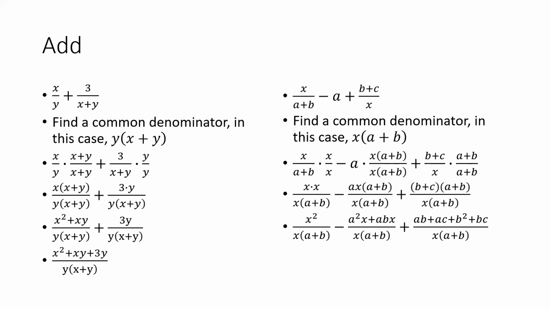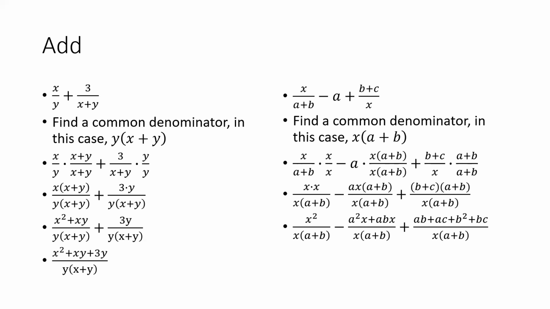And then outer, which is b times b, gives you b squared. And then last, b times c gives you bc. Does that make sense to everybody? I had a little FOIL review in here for you. Are we good?